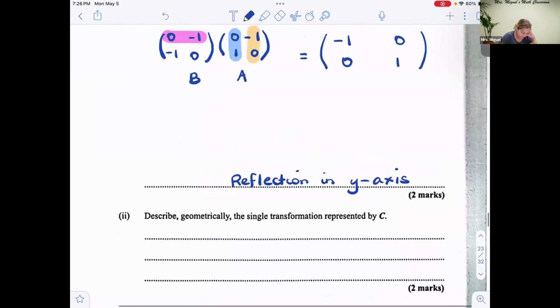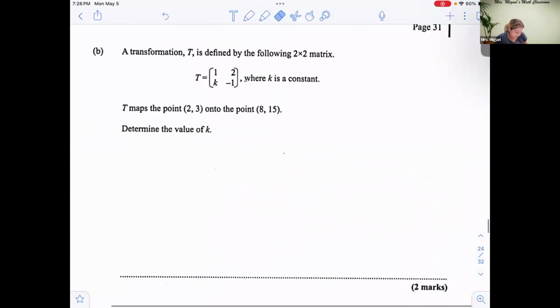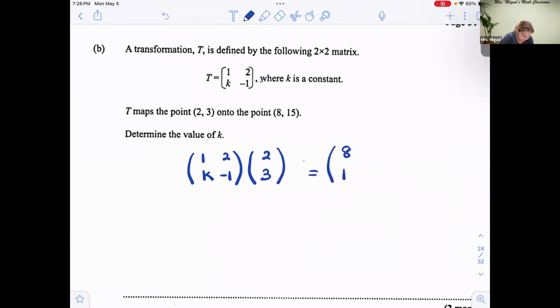Okay. All right. So here you're writing it. All right. And they say that a transformation T, we want to determine the value of K. So 1, 2, K, -1 multiplied by the matrix 2, 1 will give you 8, 15.